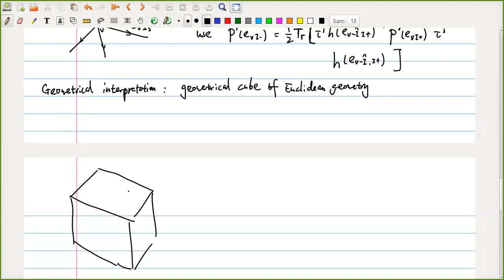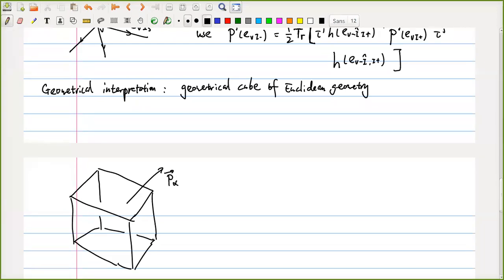The cube has a geometry, and you can describe the geometry by using face vectors. Call this face vector alpha.